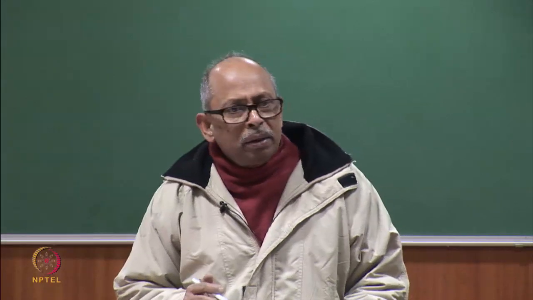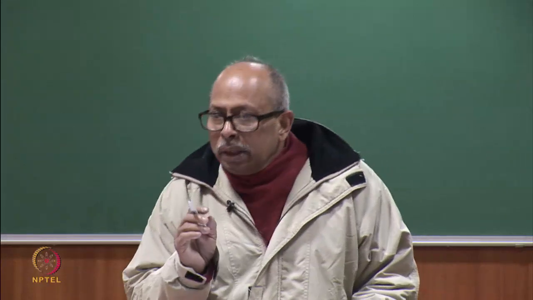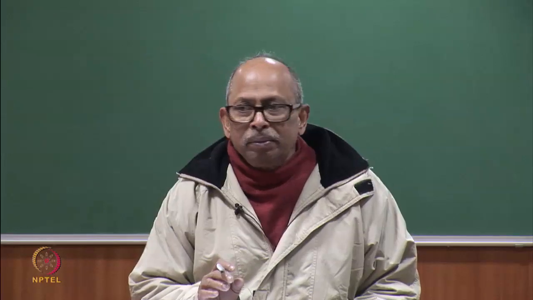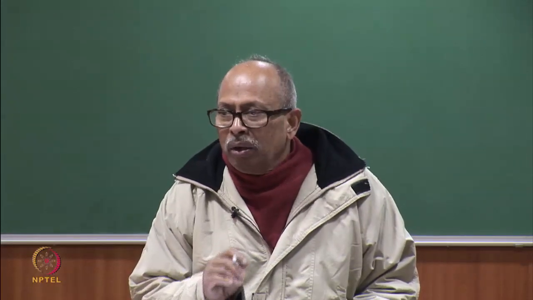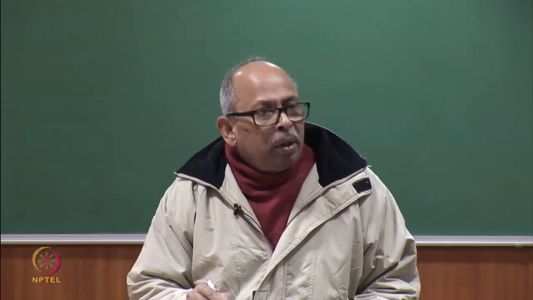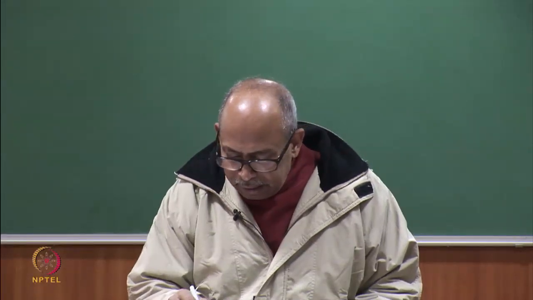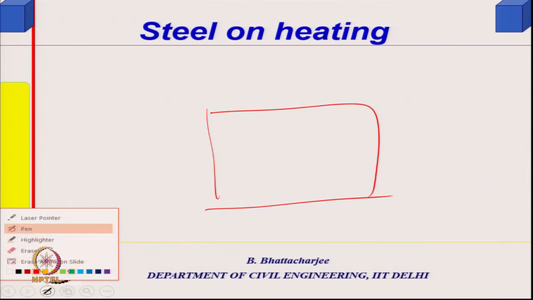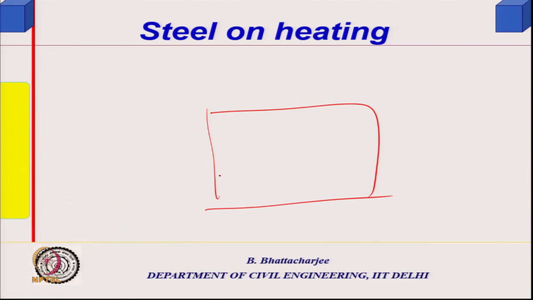Let us look at steel. Now, steel or metals, they are what are called polycrystalline. Metals are polycrystalline. How? Because if you look at, say, steel, it is coming from the molten state.